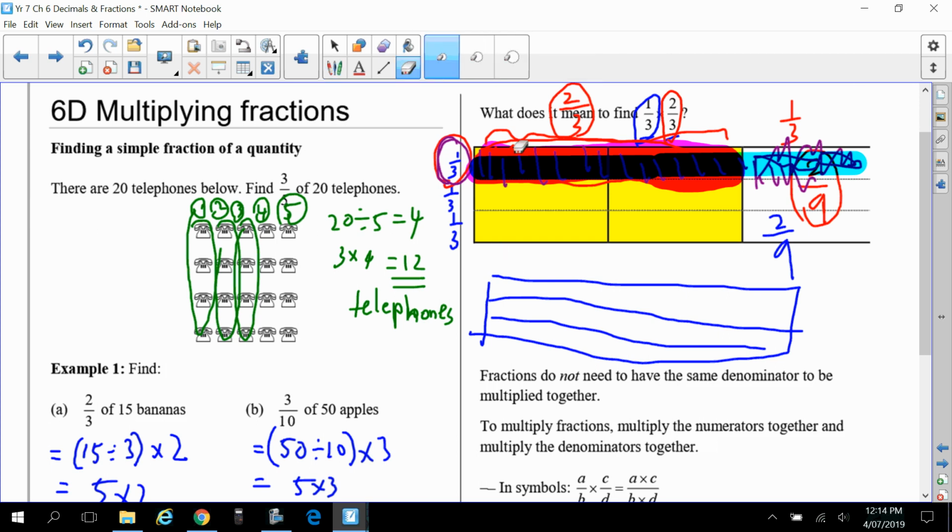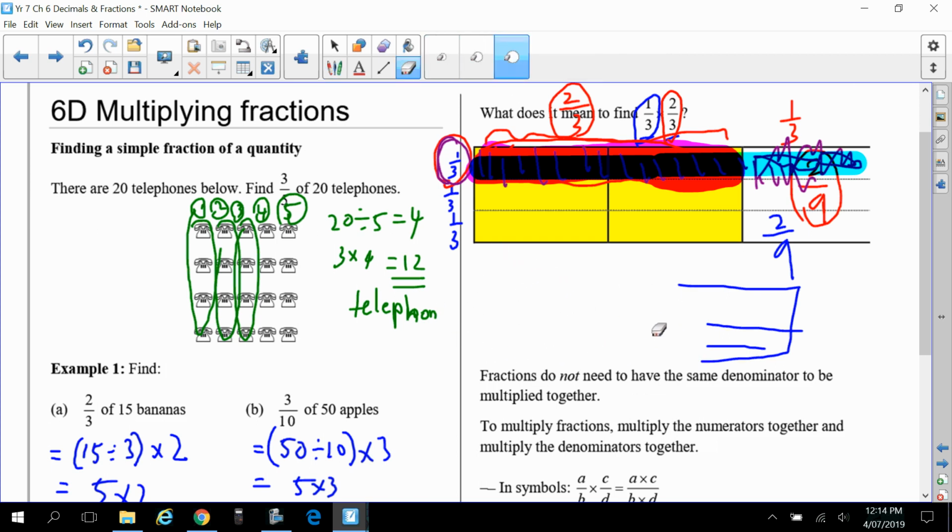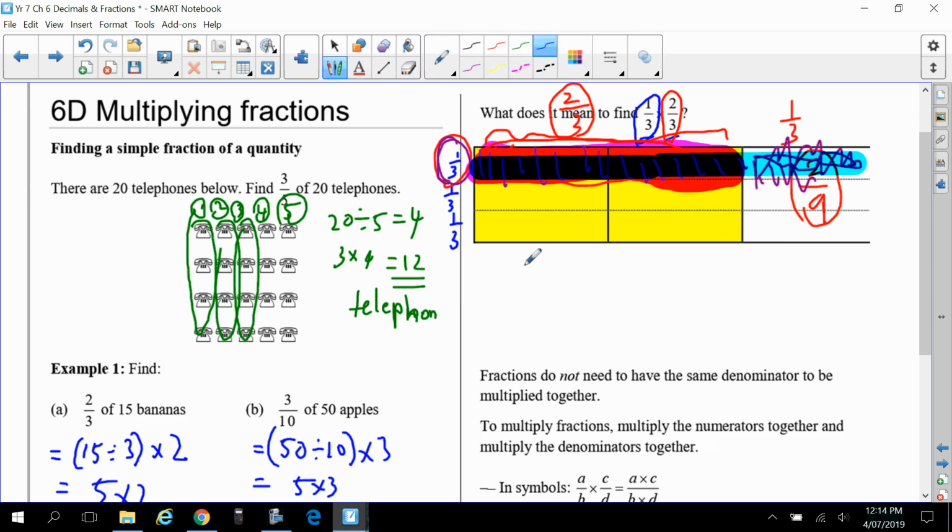Now, we're not going to do that each time. That's a way to visualize multiplication of fractions. So now what we're going to do is the multiplication. Watch this: 1/3 times 2/3. You can see the 2 over 9 appear in that fashion because all you have to do is multiply the numerator and the denominator separately.